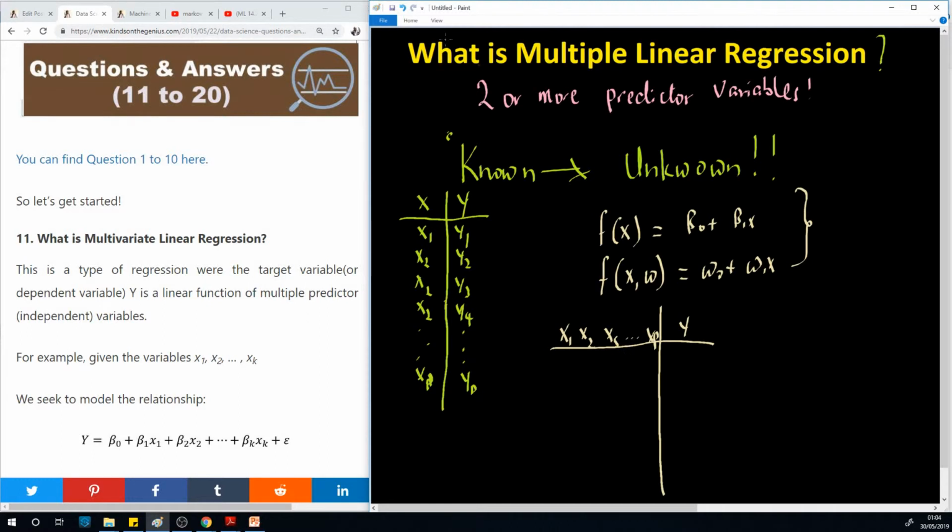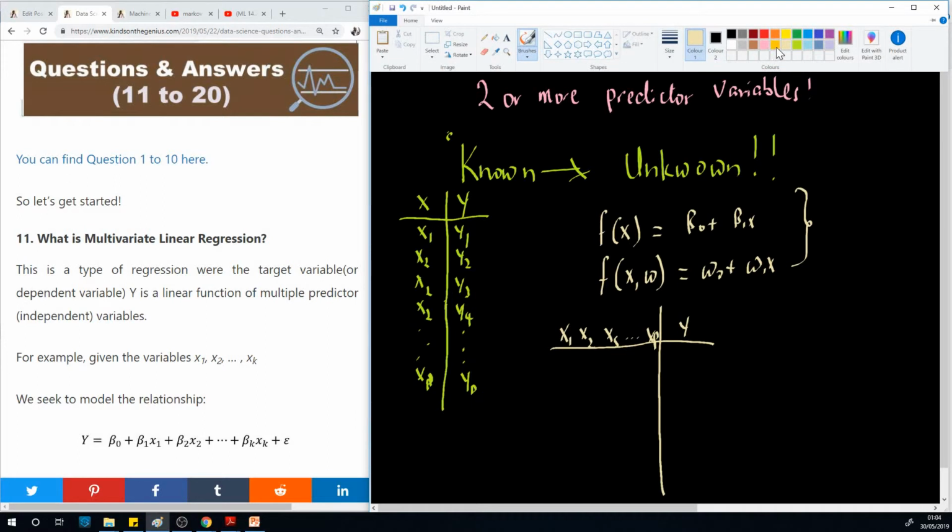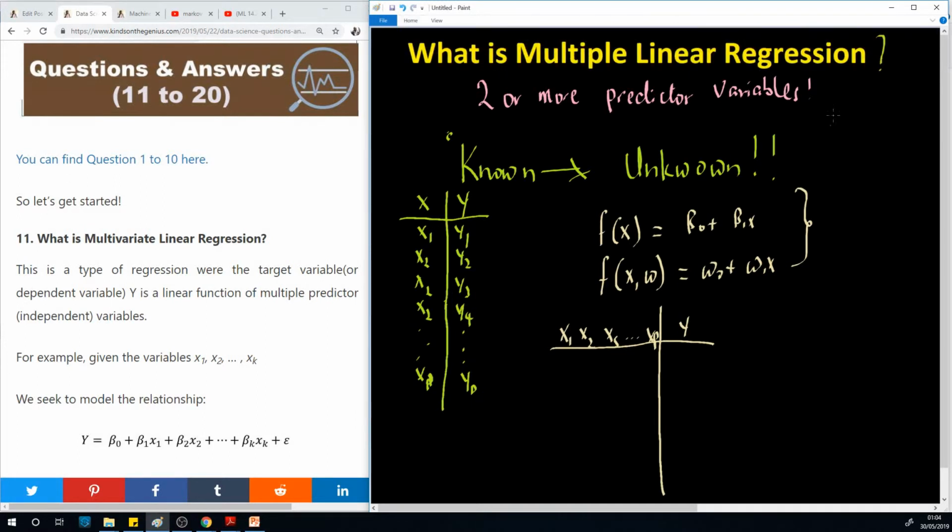One thing you can do is to use several linear regression models. For instance, you can do a linear regression of y on x1, and then do another linear regression model of y on x2.